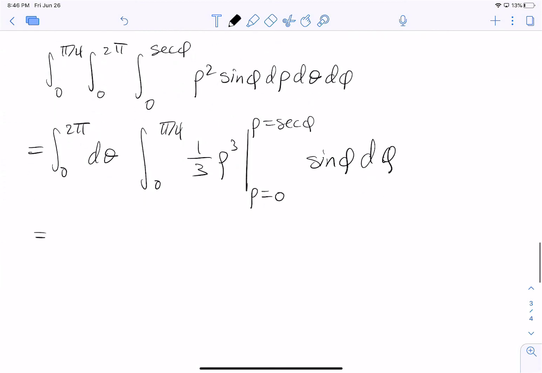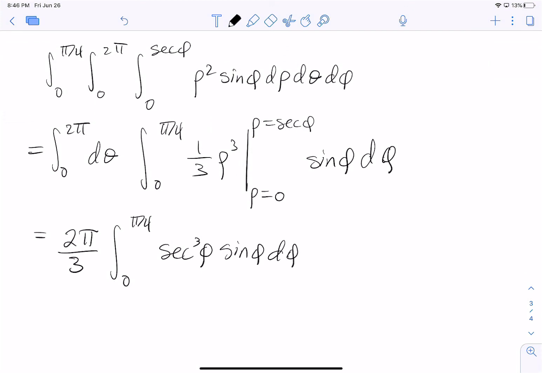Integrating with respect to theta gives me a factor of 2 pi, because that's from 0 to 2 pi. And then substituting for rho, the secant of phi, I'll pull out the 1/3, so we have 2 pi over 3 outside. We still have the integral from 0 to pi over 4, and it's going to look like the secant cubed of phi times the sine of phi d phi.